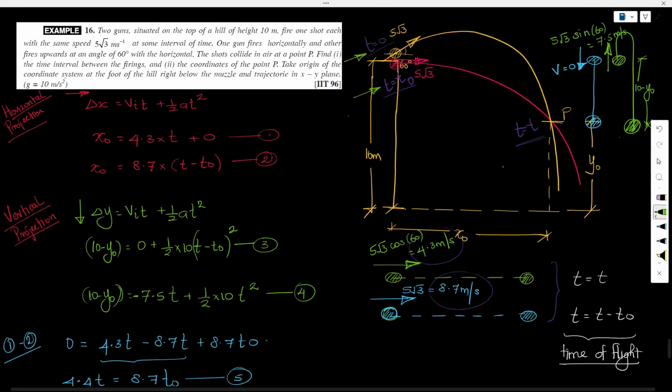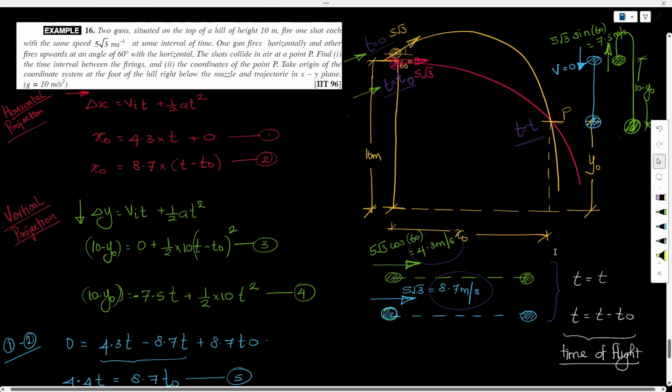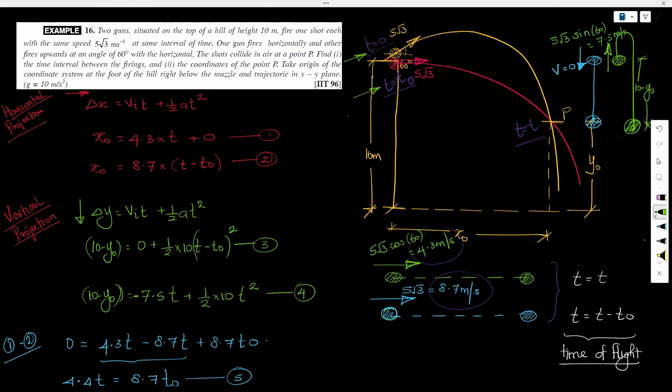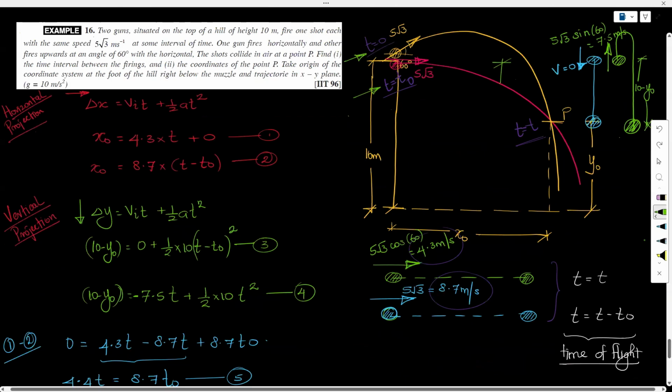And you are supposed to find the time interval between the firings. You have the answer. The second part of the question is the coordinate of the point, which is x0 and y0, right? That is the reason why I did not consider this as y0. I considered from the bottom, so it will just be the coordinate itself.